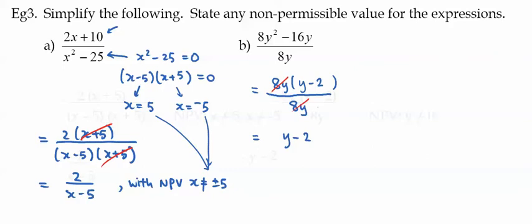Now, even though we've eliminated the denominator from this expression, the non-permissible value continues to exist. You still want to look at the question and identify the non-permissible values here.